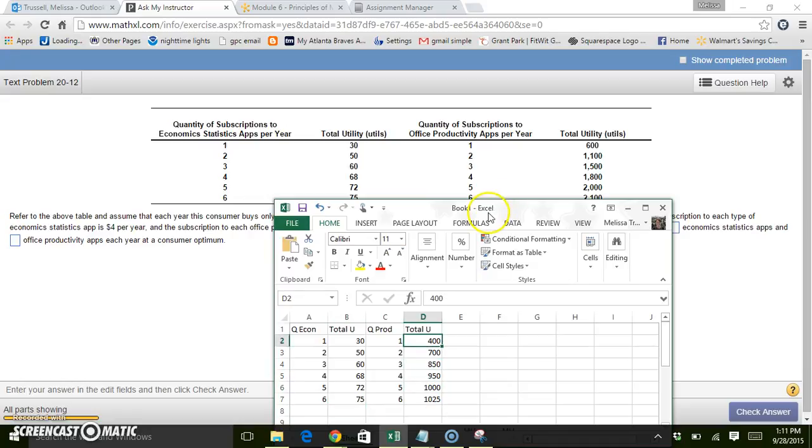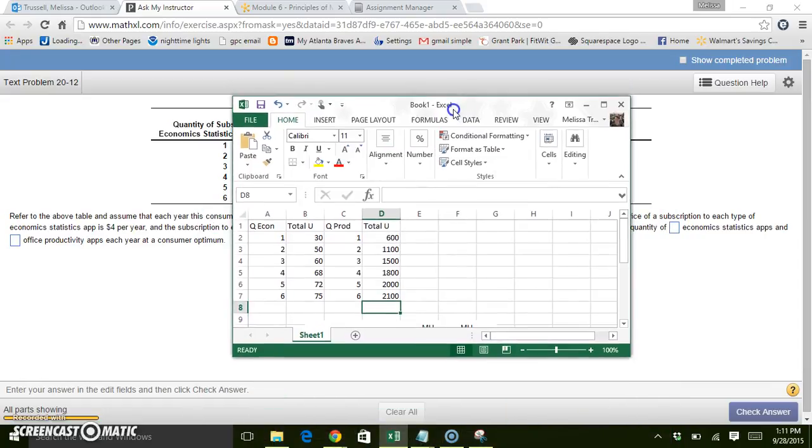And my total utilities for the productivity app are 600, 1100, 1500, 1800, 2000 and 2100. I'm just copying the table straight out of the problem. Okay, so now my table in Excel matches the table in the problem.